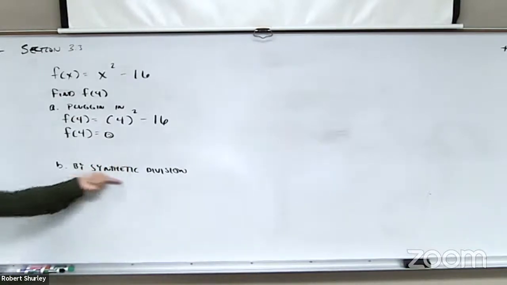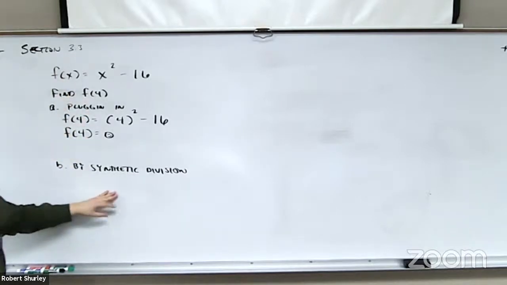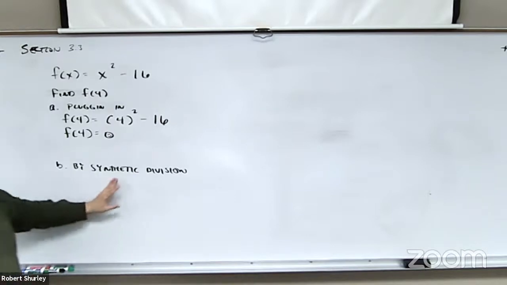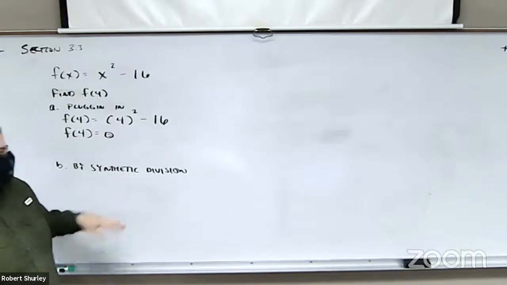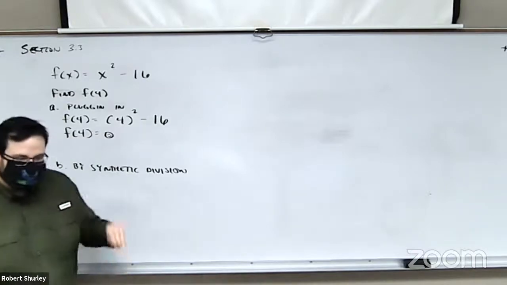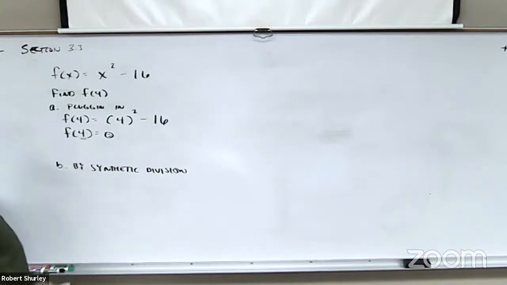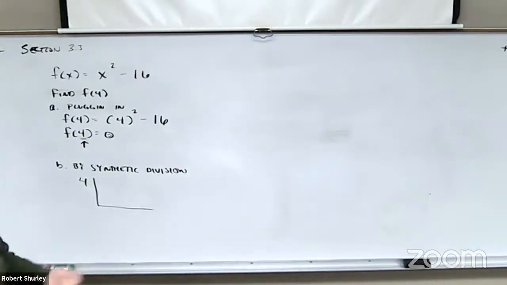We know now we're going to do synthetic division on this to show another example, and we're going to get a remainder of 0. The way you find this with synthetic division is we're going to use that number on the outside, right? We're going to use the exact number because really it came from x minus 4.